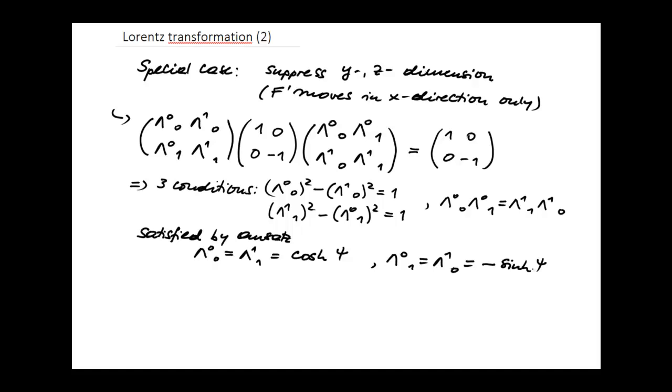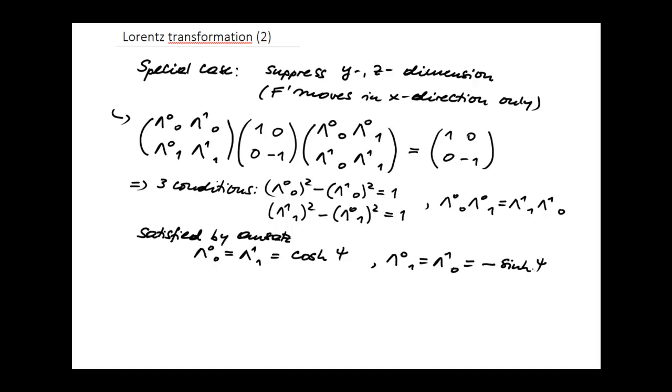And the third condition just says hyperbolic cosine times hyperbolic sine equals hyperbolic cosine times hyperbolic sine. So that's satisfied. So this ansatz satisfies our three conditions. And it's in fact already the most general ansatz that you can make. You can convince yourself of that.